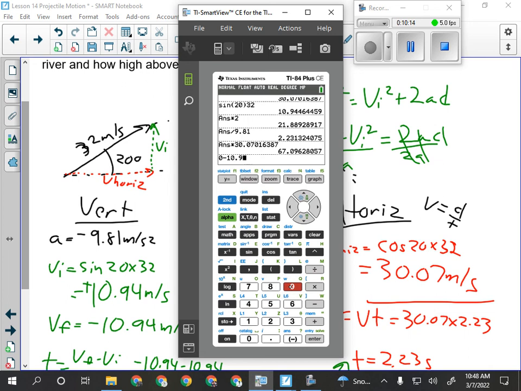Well, actually, I should use the whole number. That's terrible. I was just about to not do that. Okay, so the General Lee reaches a maximum height of 6.1 meters.